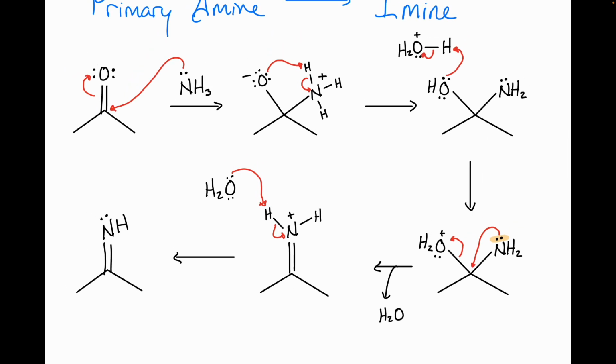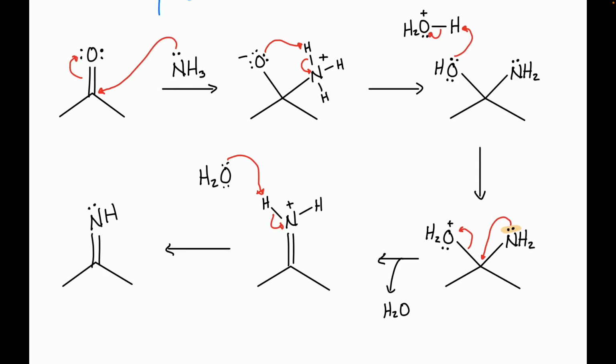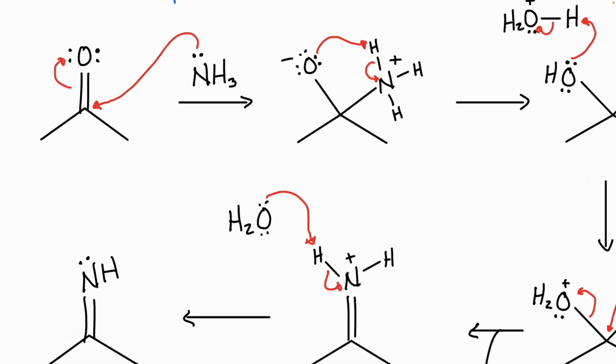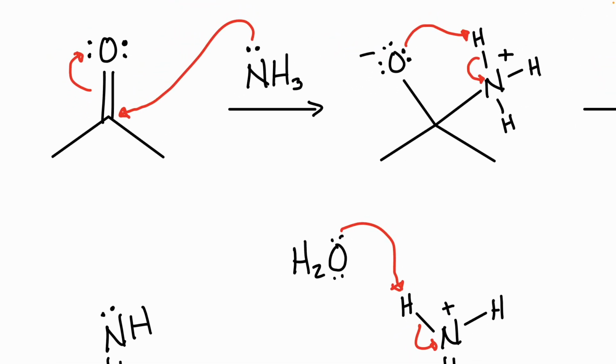All right, so if I printed out this mechanism and just showed it to you, you would be like, oh crap, what are we looking at here? All right, this both is and is not that bad if we think about it step by step, right? So let's just go through and talk about these steps again. This very first step was just a straightforward nucleophilic attack, exactly like we would expect to see for the first step in every single nucleophilic addition reaction of aldehydes and ketones that we've talked about.